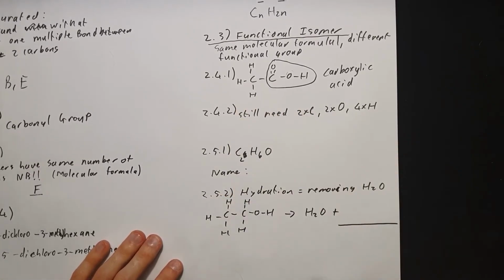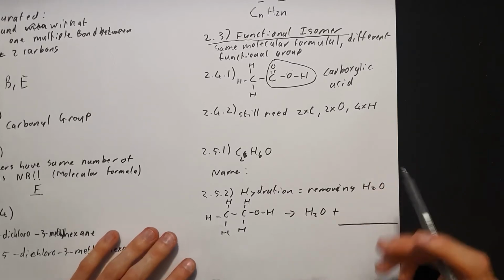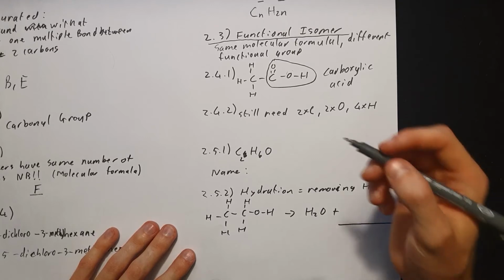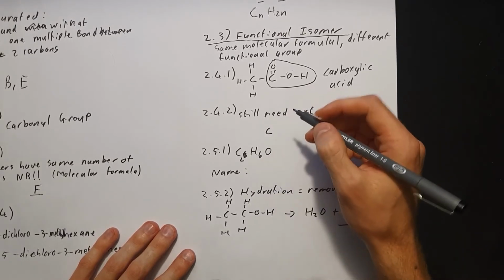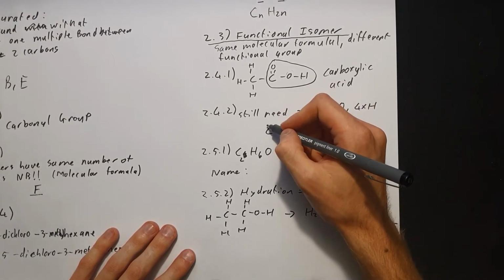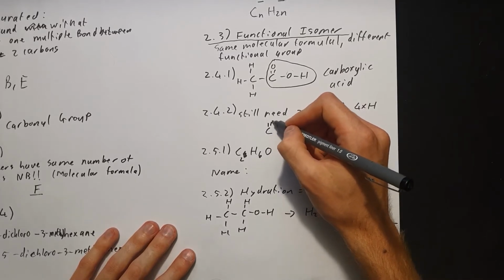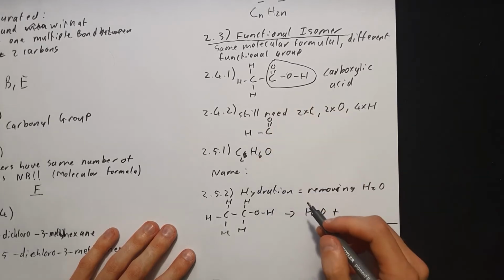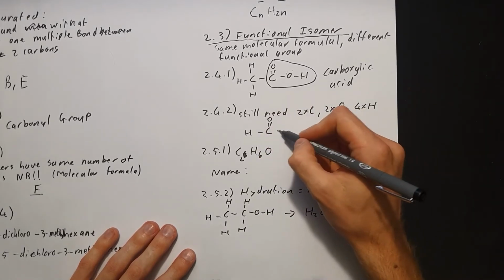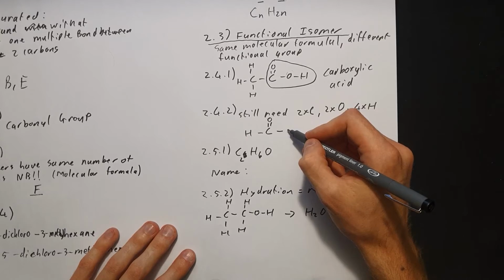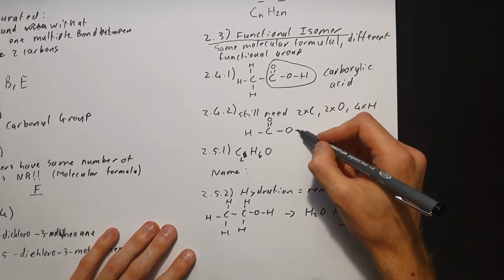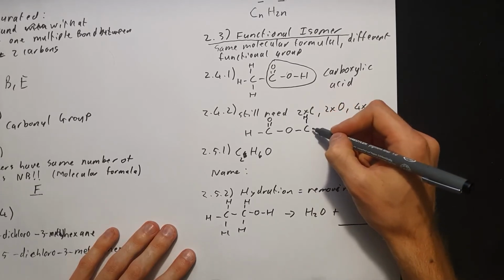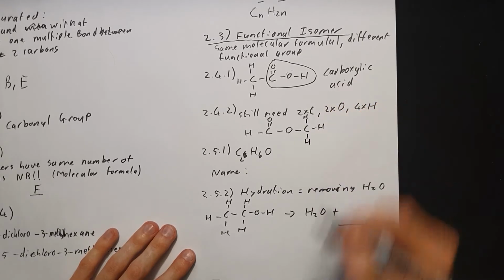As I've stated here, we still need 2 carbons, 2 oxygens, and 4 hydrogens. So one that you could do for the structural formula for the functional isomer would be this over here. You would have carbon on the end with a double bond oxygen. But now instead of having the OH attached, I'm just going to have a single hydrogen over there. Now I'm going to attach the oxygen in the middle, and now I'm going to attach the second carbon with the remaining 3 hydrogens.